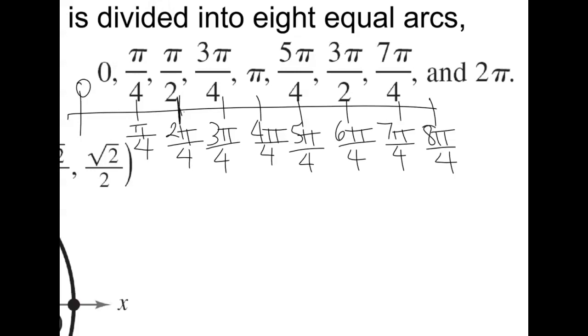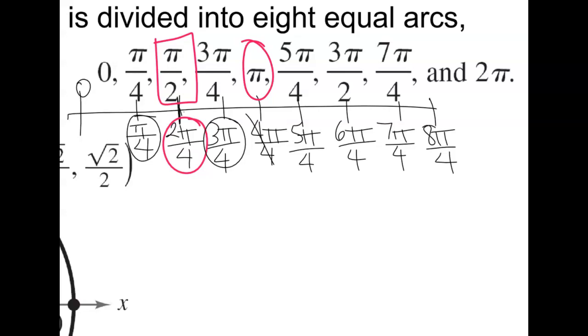Now pi over 4, it's already in reduced form. However, 2 pi over 4, it could be reduced to pi over 2. 3 pi over 4, we leave it like that. 4 pi over 4, it could be reduced to pi. So that's what we're going to use. 5 pi over 4, it is in reduced form.